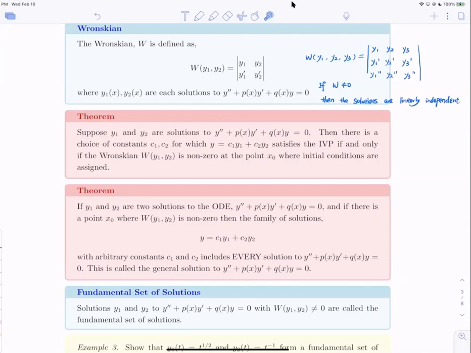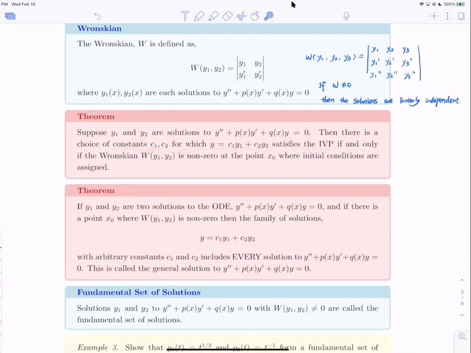And keep going. Okay, so suppose y1 and y2 are solutions to this ODE, then there is a choice of constants C1 and C2 for which this satisfies the IVP if and only if the Wronskian is non-zero. So again, we're talking about a non-zero Wronskian. If this is non-zero, then you have C1, C2 that satisfy the IVP.